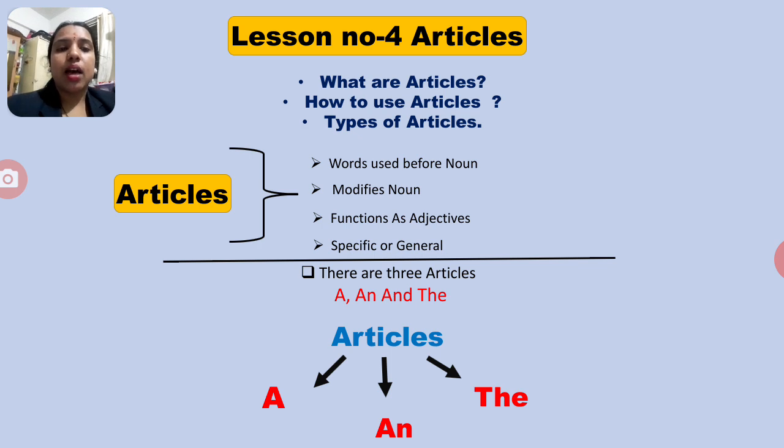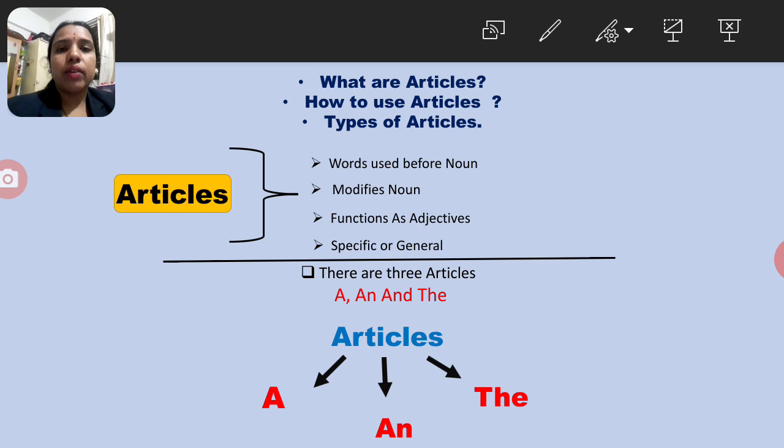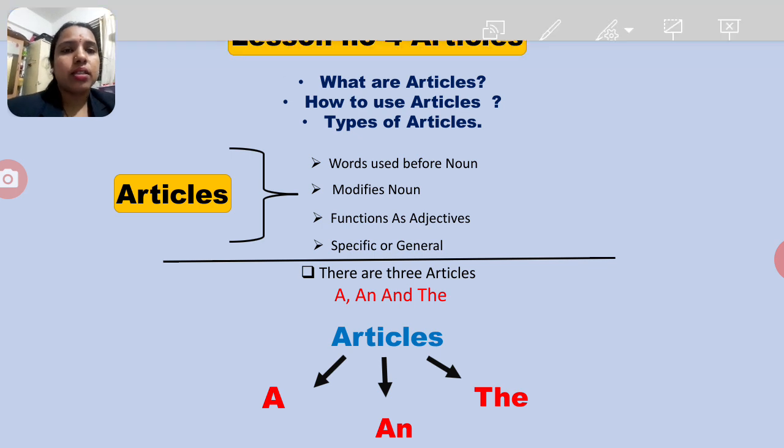There are three articles: a, an and the. All of you remember, articles are a, an and the. You can see on the screen I have given a, an and the. Now we will see types of articles.